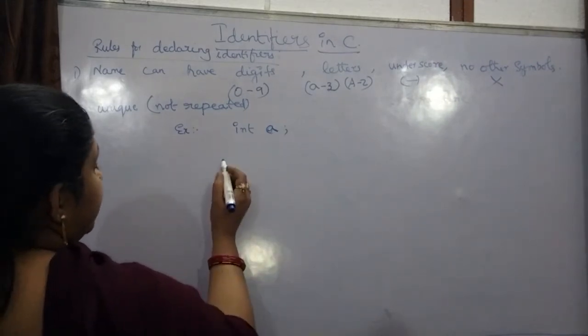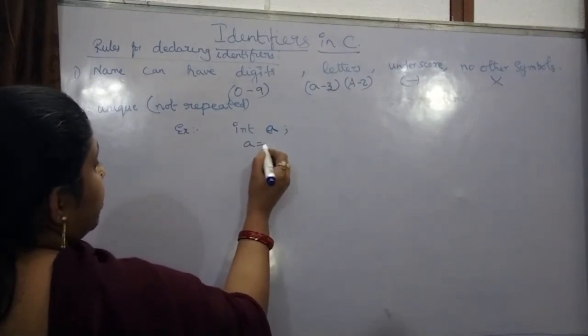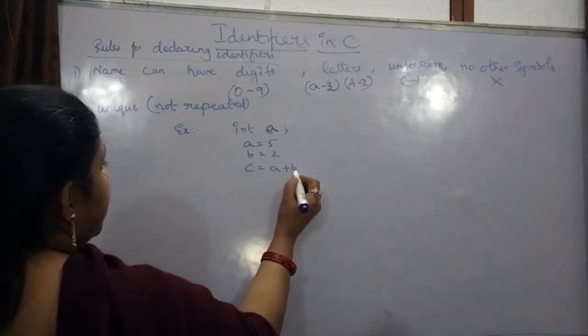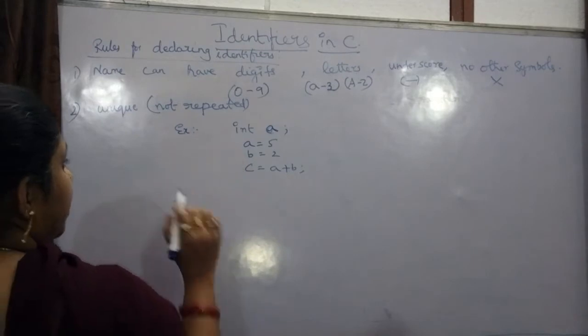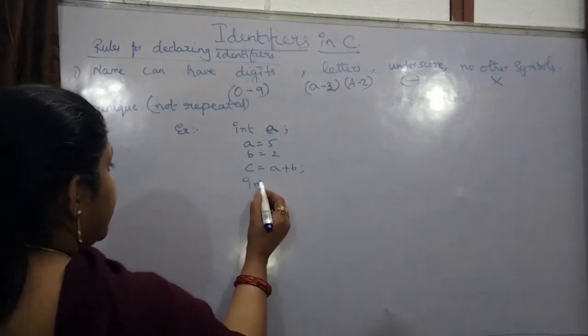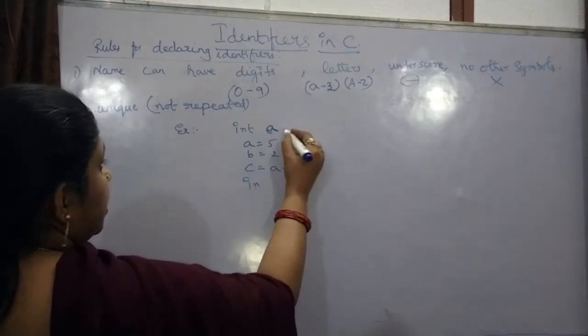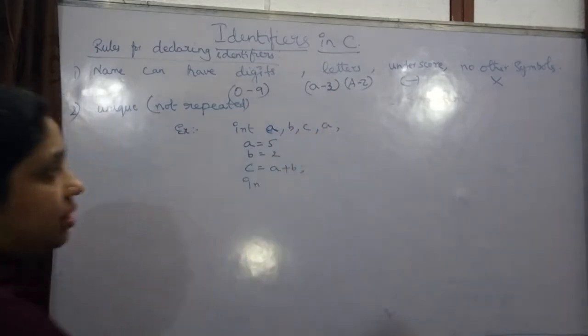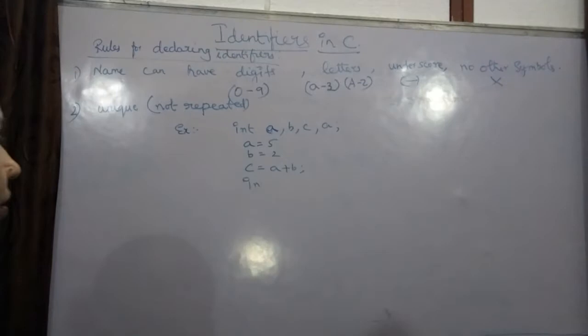Here I have declared like this: A equal to 5, B equal to 2, C equal to A plus B. This is the program. Now again if I want to declare like this, A, B, C, I cannot declare like this. Are you getting my point?